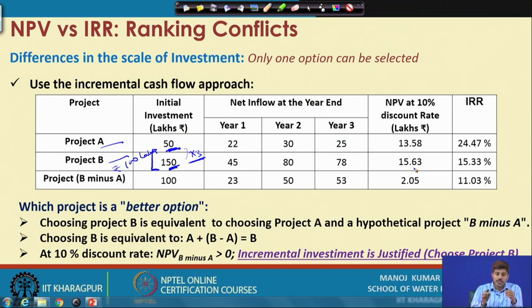Is this further investment of 100 lakh actually justified?